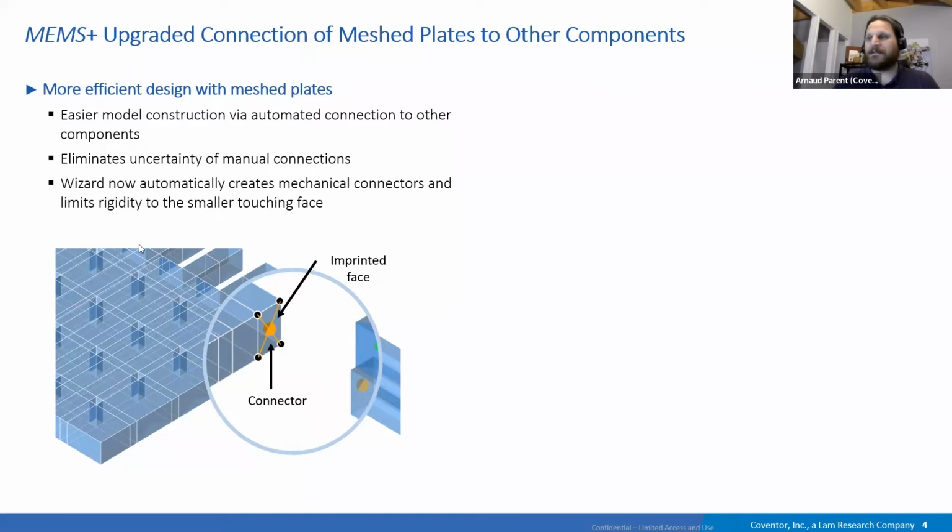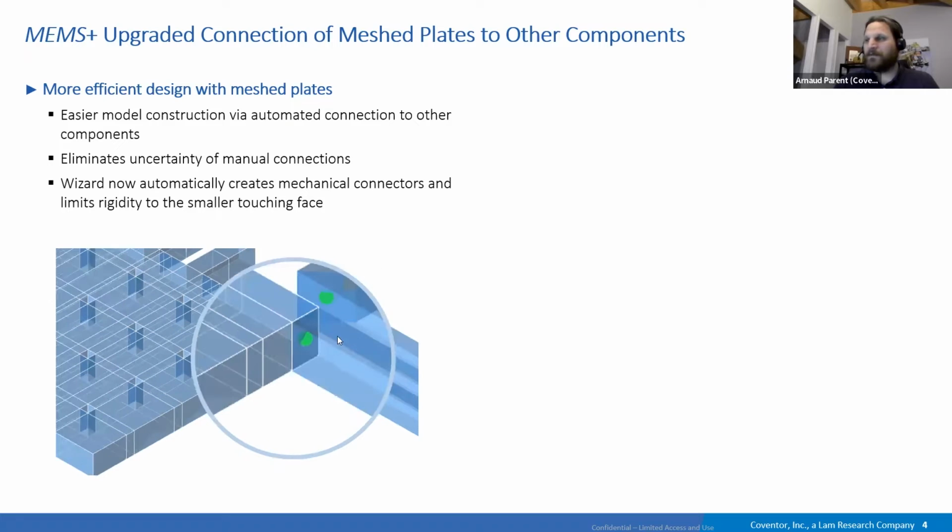You can mesh this object if you need the out of plane flexibility, for example. The way to connect this mesh plate to other components used to be quite complicated. In the first version of this feature in MEMS Plus 6.0, you had to do a lot of manual work. Now we made something automated.